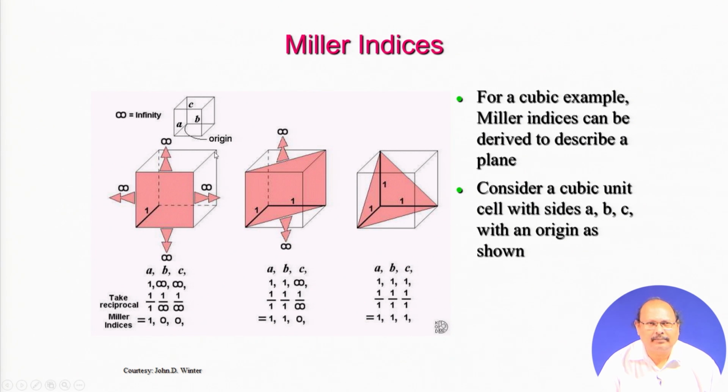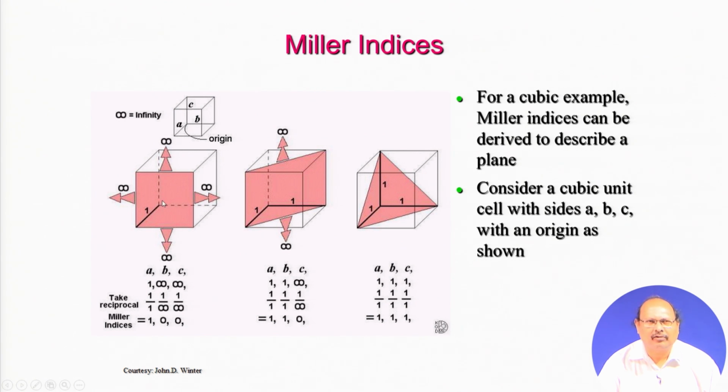Let us consider this particular plane here. This is your A crystallographic axis, this is your B crystallographic axis and this is your C crystallographic axis. What you see? This plane has intersected only the A crystallographic axis, but it is parallel to the B crystallographic axis and the C crystallographic axis.